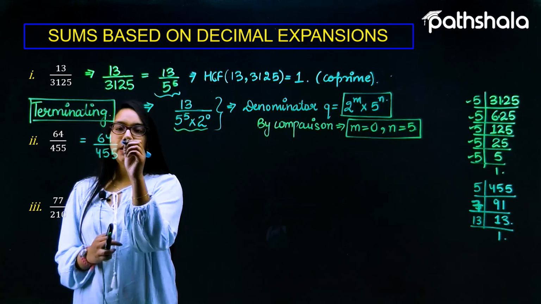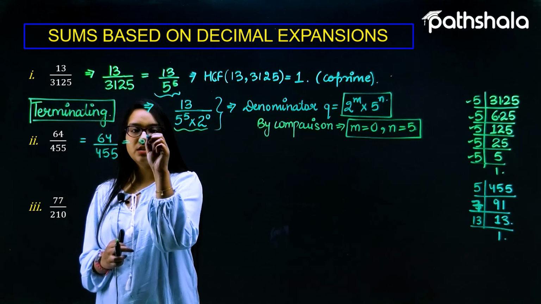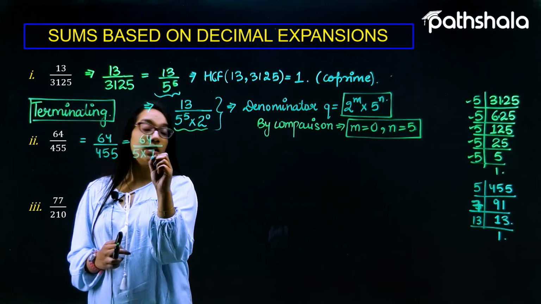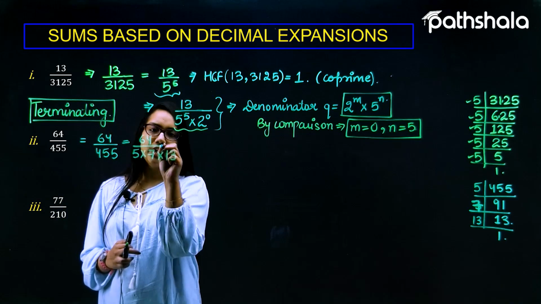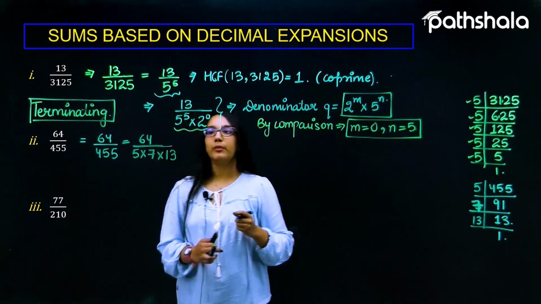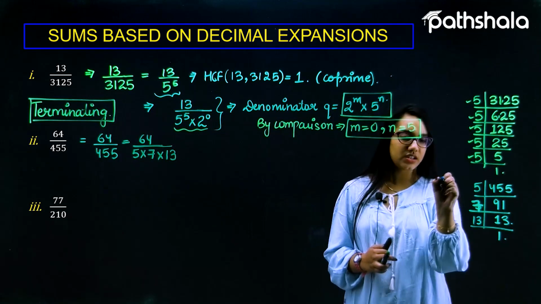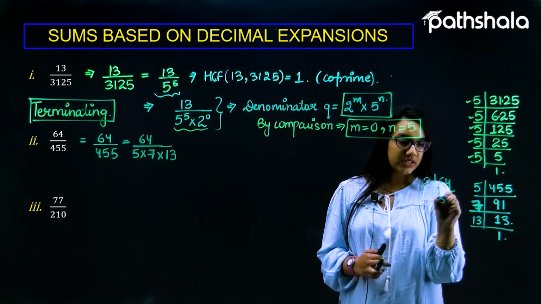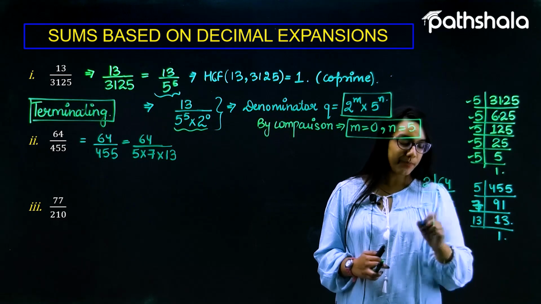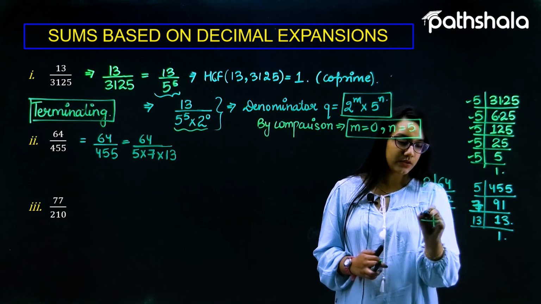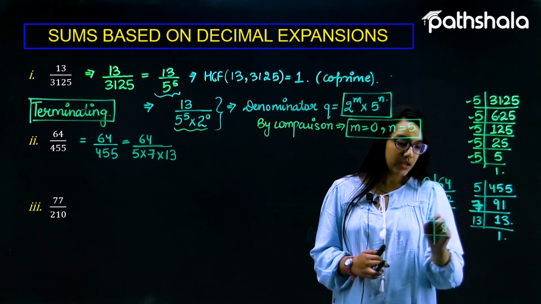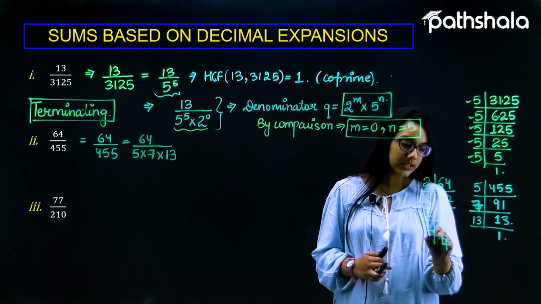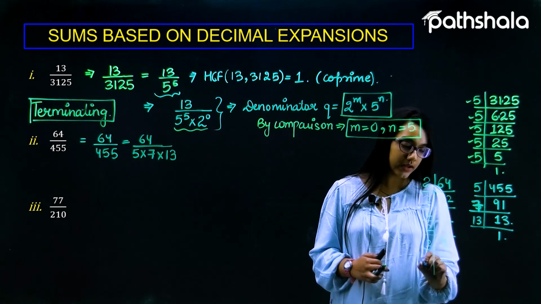So first of all we have 64, and in the denominator we have 5 into 7 into 13. Let's start thinking about the factors of 64. 2 into 32 is 64, 2 into 16 is 32, 2 into 8 is 16, 2 into 4 is 8, 2 into 2 is 4, and 2 into 1.